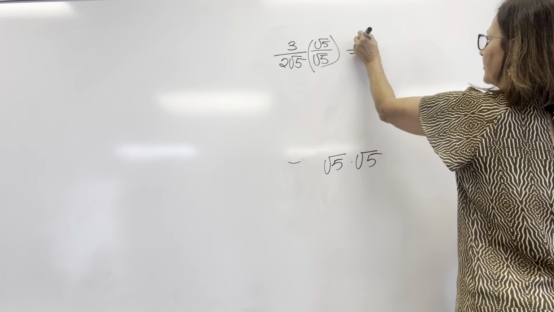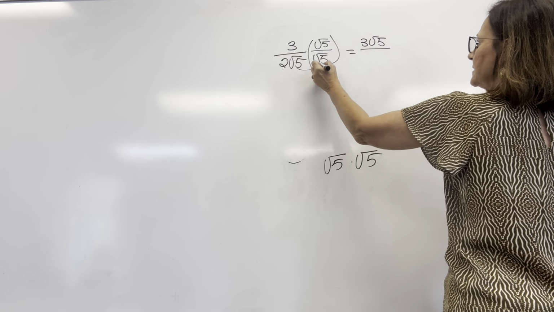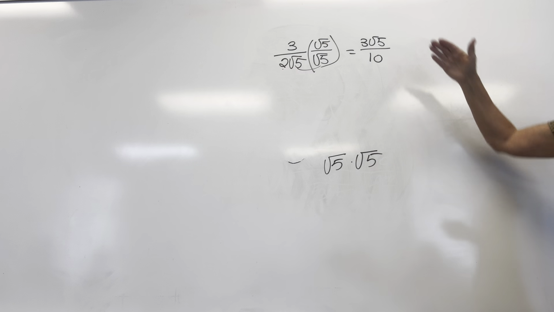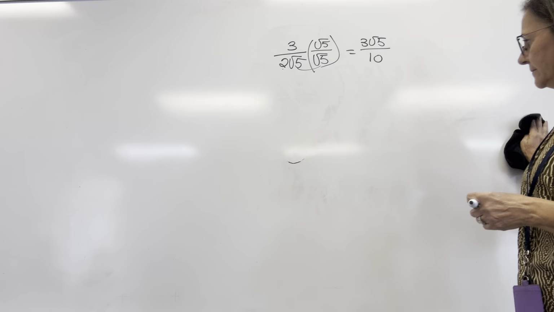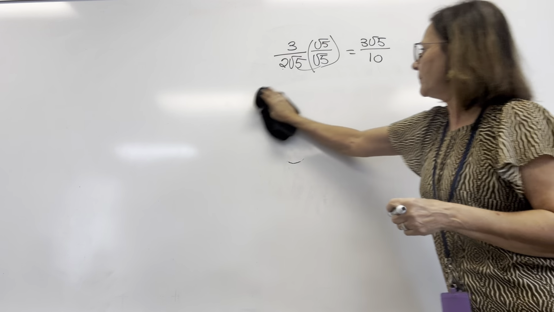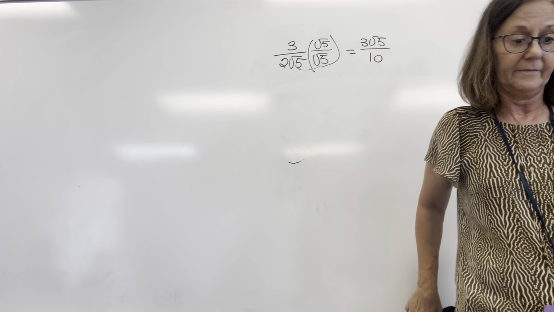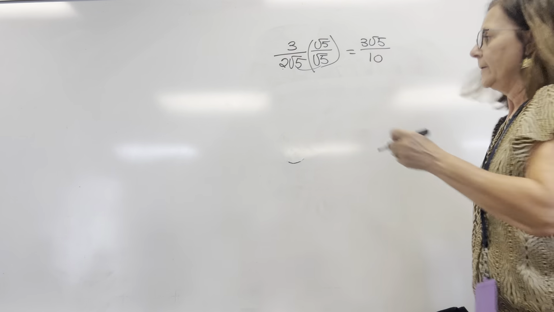So we end up with 3 square root of 5 over 2 times 5, which is 10. And I ask myself, is there anything I can simplify? And there is not. Because those terms are multiplied, I could potentially simplify.